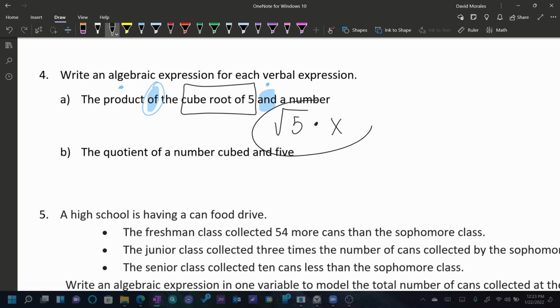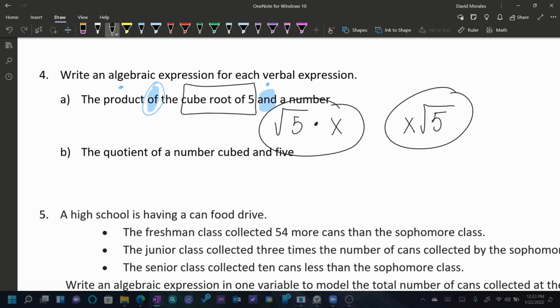To write this appropriately, you would write 5 times the cube root of x. This is how you would write it from left to right, but this looks cleaner because anything that multiplies a radical is usually in front of it. Okay, so this will be your finished product.